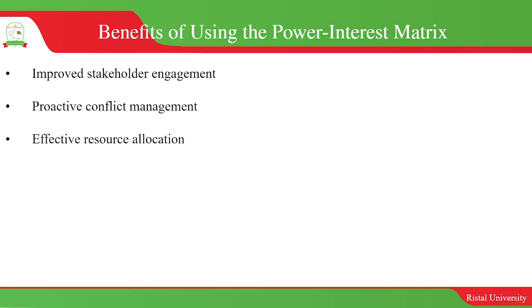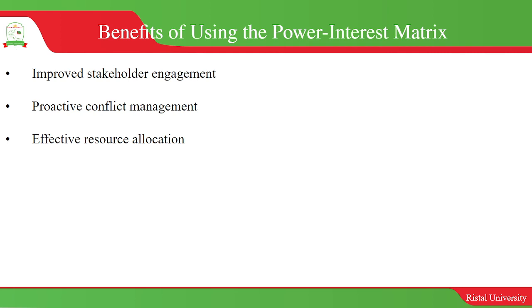So when you use the power interest matrix, you are basically in a good position to know who the influential stakeholders are and what you really need to do with them. That allows you to improve engagement and prevent conflicts before they really happen.